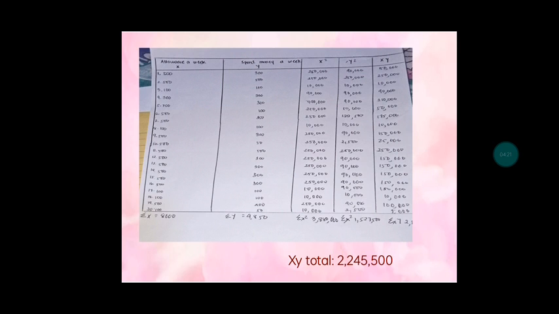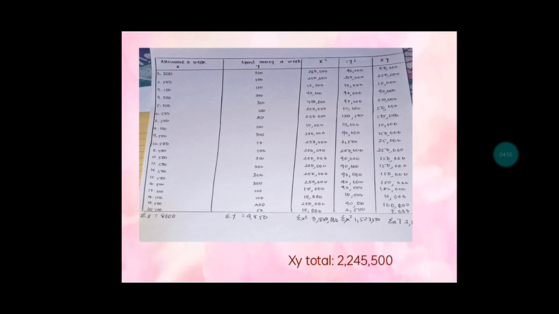Then 500 is equal to 122,500. Sunod is 100 is 10,000. Then 500 is equal to 90,000. Then 500 times 250,000 is equal to 250,000. The next is 500 Y squared is equals to 90,000.